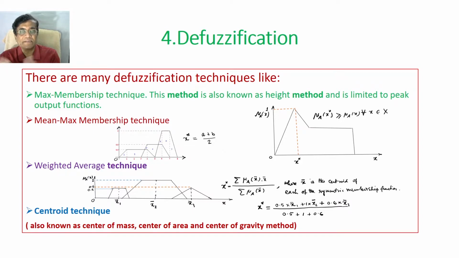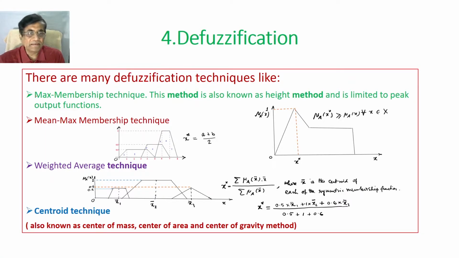So unless I defuzzify, I cannot actually use my inference system, because I will not be able to understand what is going on. So in today's lecture, we are trying to understand what the defuzzification techniques are. There are many defuzzification techniques, but the most useful ones we are going to discuss.